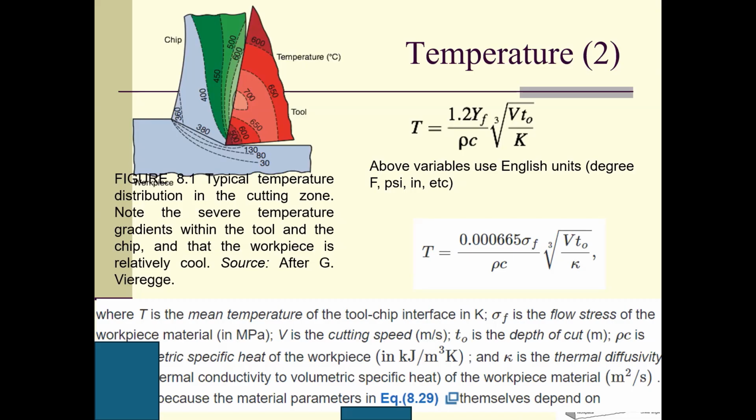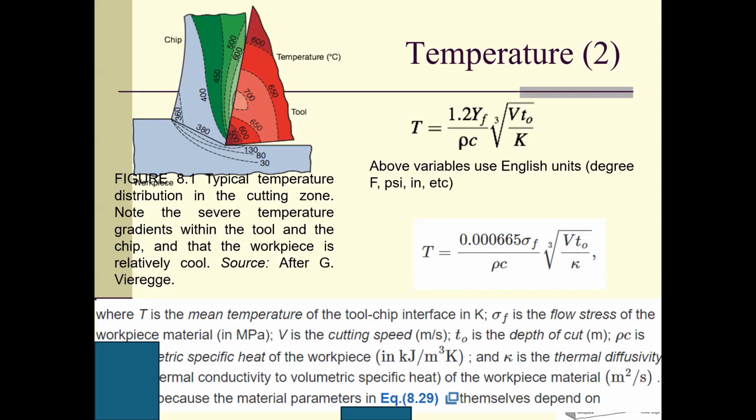YF here is also the flow stress, but this YF is given in PSI, pound per square inch. This is the cutting speed, and T0 is given in inch, but this T0 is in meter. This K is also called diffusivity.